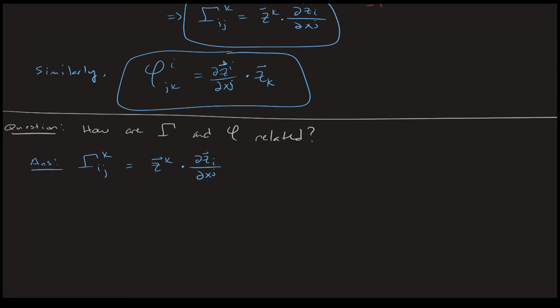And now I can say that that is a product rule, partial xj of zk up dotted with zi down. And I say, oh no, you're missing a term, you're right. I have to subtract that away. So partial zk up, partial xj dotted with zi down. So basically I took the product rule and subtracted that term on the right.